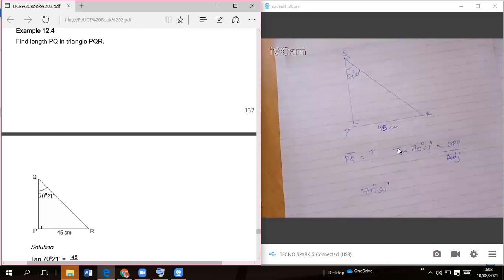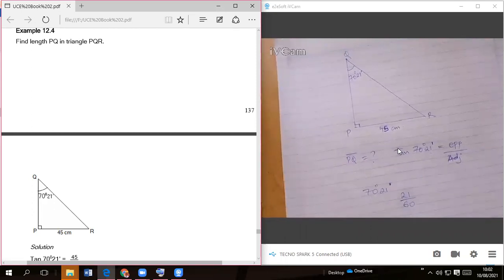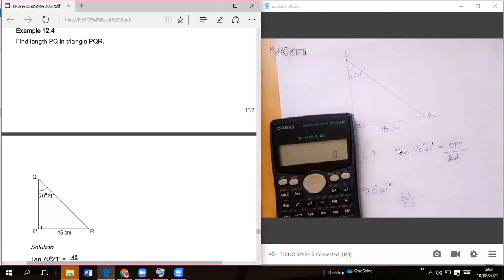So what are we supposed to do? Let me be very slow at this. We get to the 21 minutes. We leave 70 because it is already in degrees. We take the 21 minutes and divide it by 60, and the answer we get, we shall add on to 70 degrees.